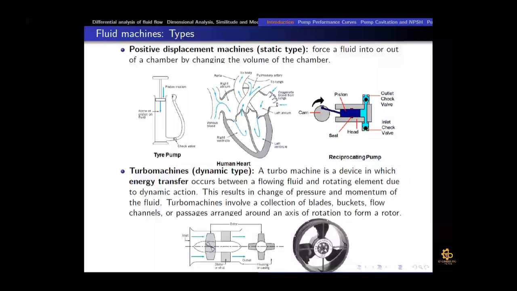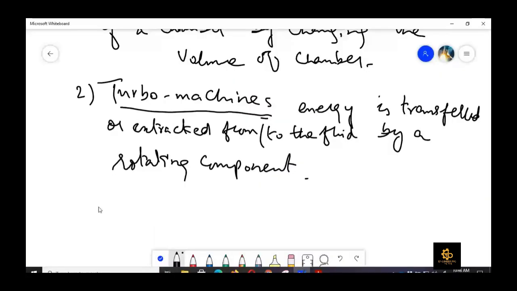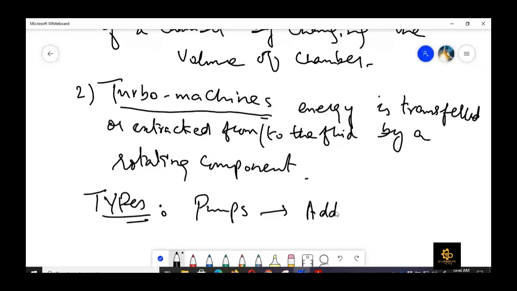So now, if we talk about the turbo machine in terms of work done, if we say turbo machine types, we all know that there are two types. One is pumps. It adds energy to the fluid.